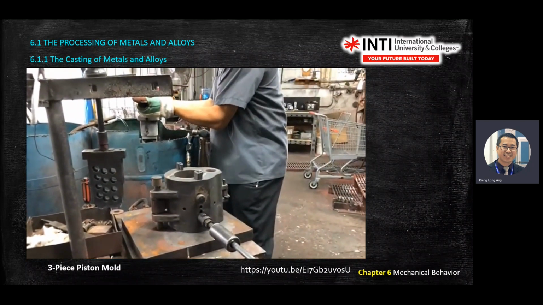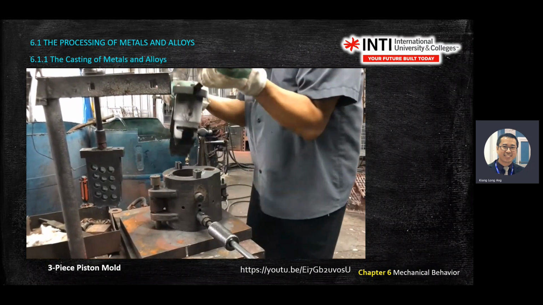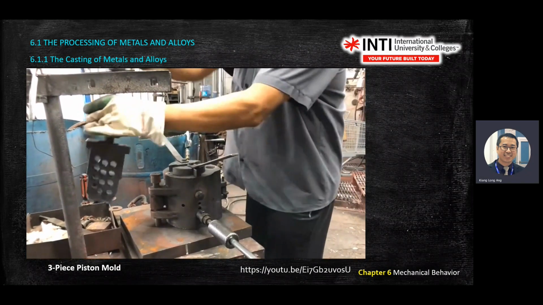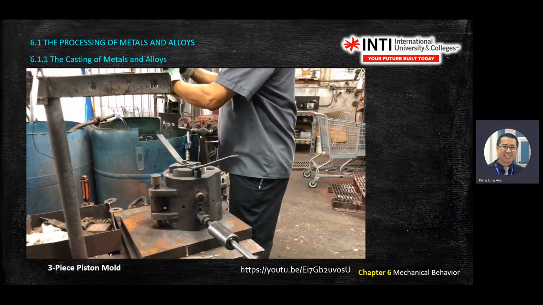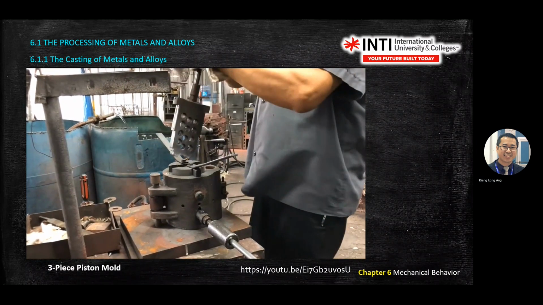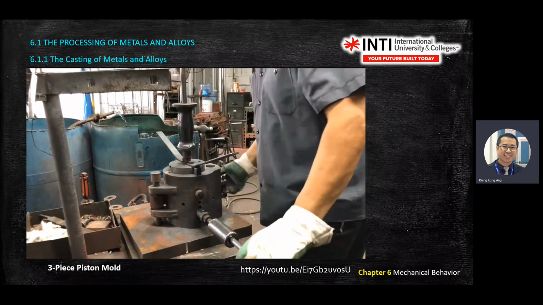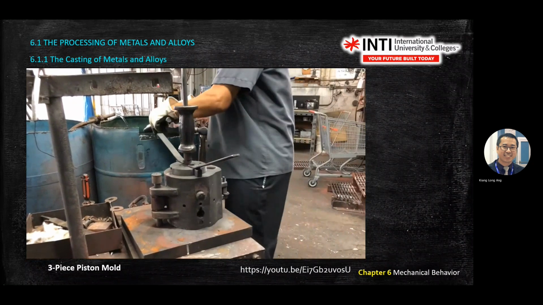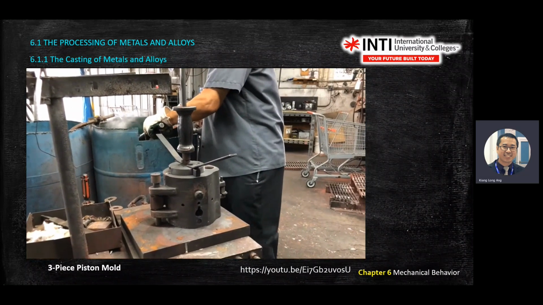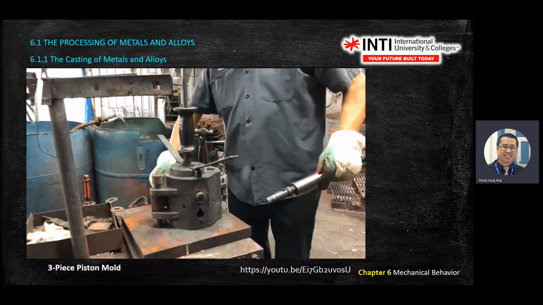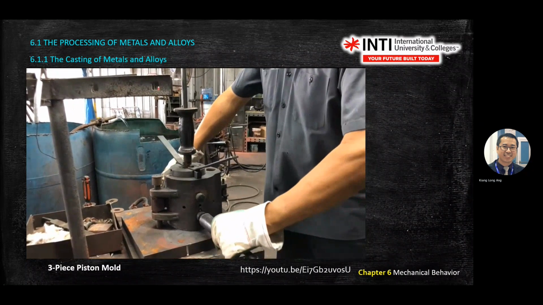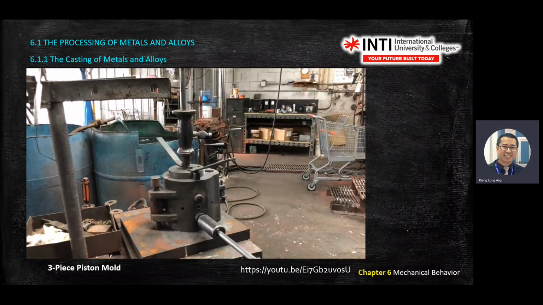So this is the permanent die cast. So they will fill in. This is another one. So they will fill in the assembly. This worker is assembling the mold and all the valves and so on.